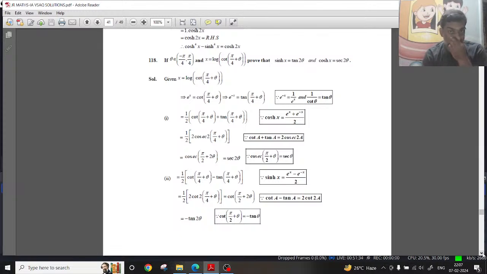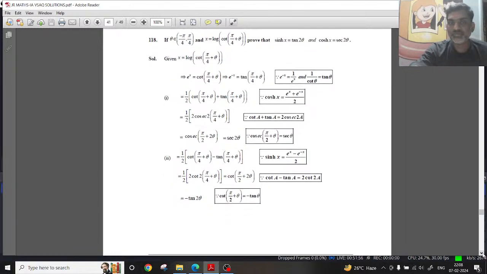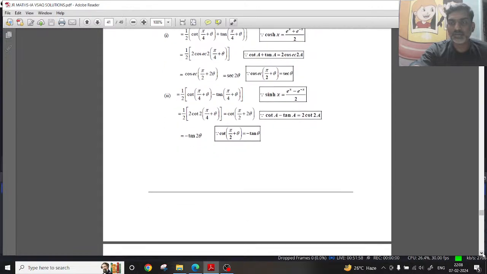Cot A minus tan A is equals to 2 cot 2A, no sir? That one applied. And there, cot A plus tan A is equals to 2 cosecant 2A. Is it clear? These model questions are important, sir. What I mean to say, these model questions are important.